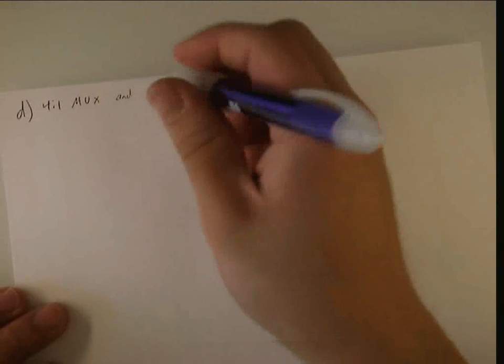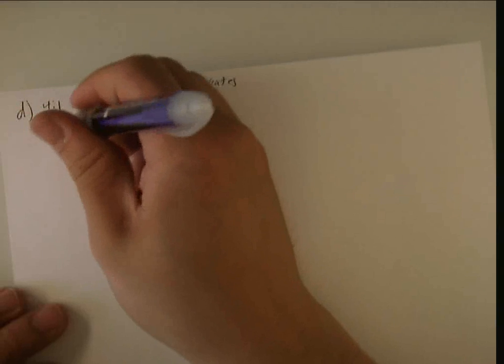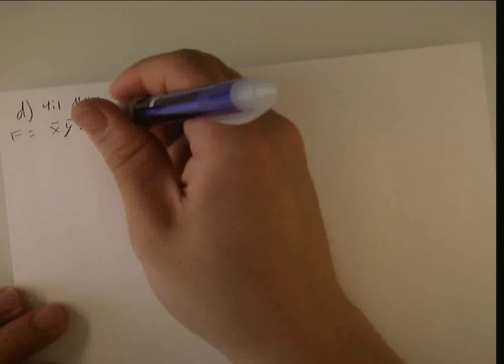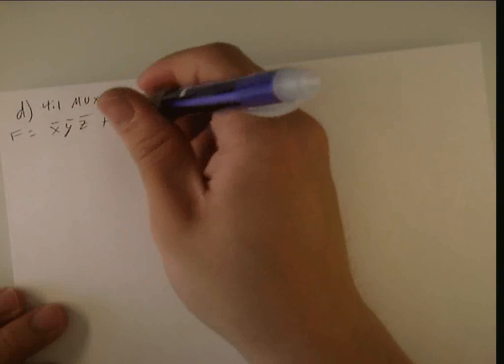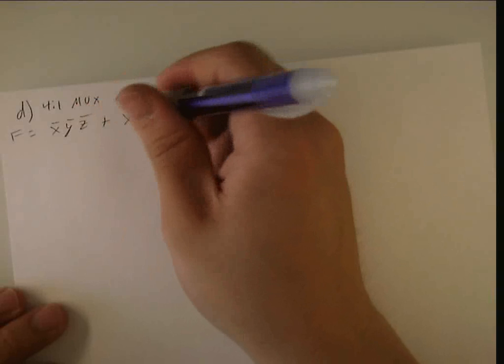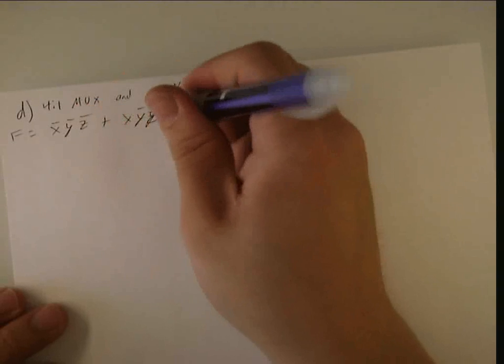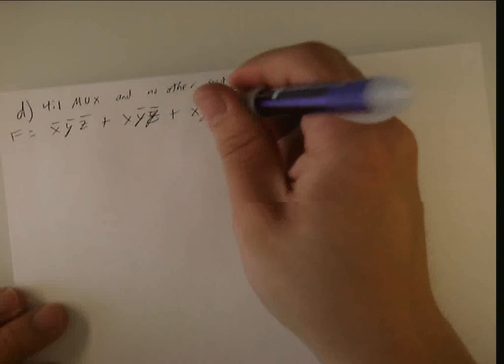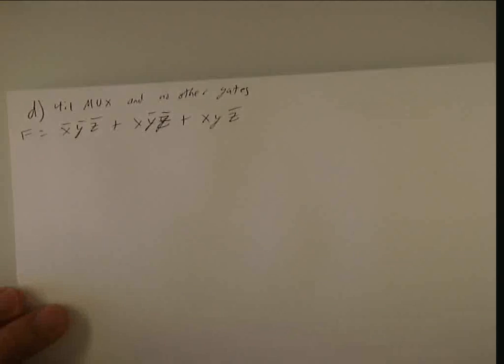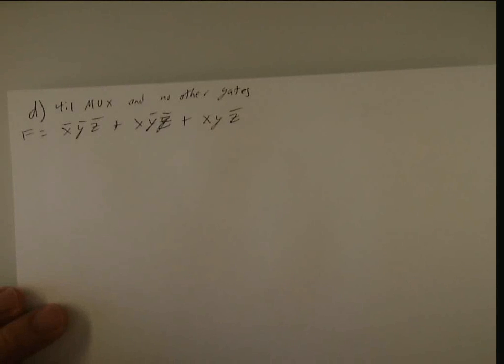Well, that'll be fun. So again, I'm going to need to think through this. So I'm going to try X bar, Y bar, Z bar, or X, Y bar, Z bar, or X, Y, Z bar. So those are my minterms, and now I need to come up with a way to group these together.